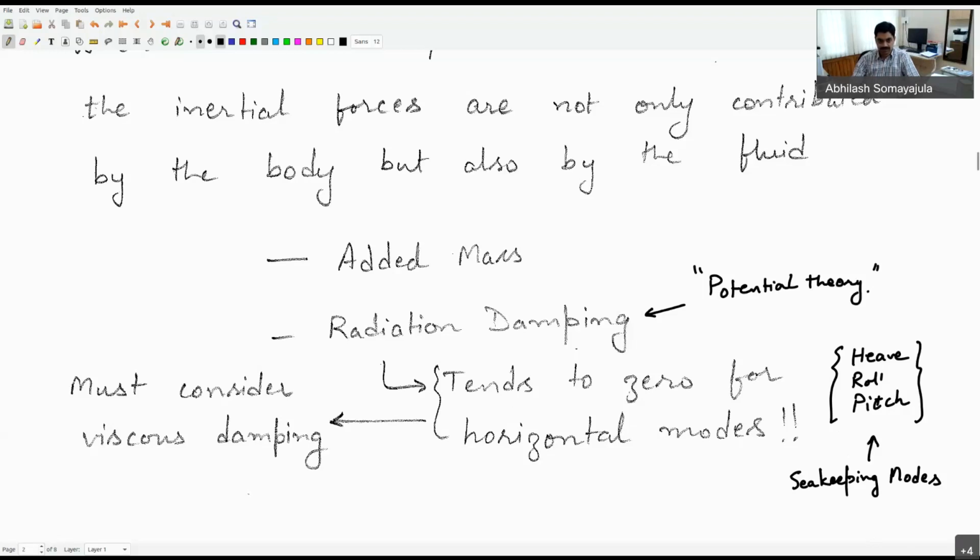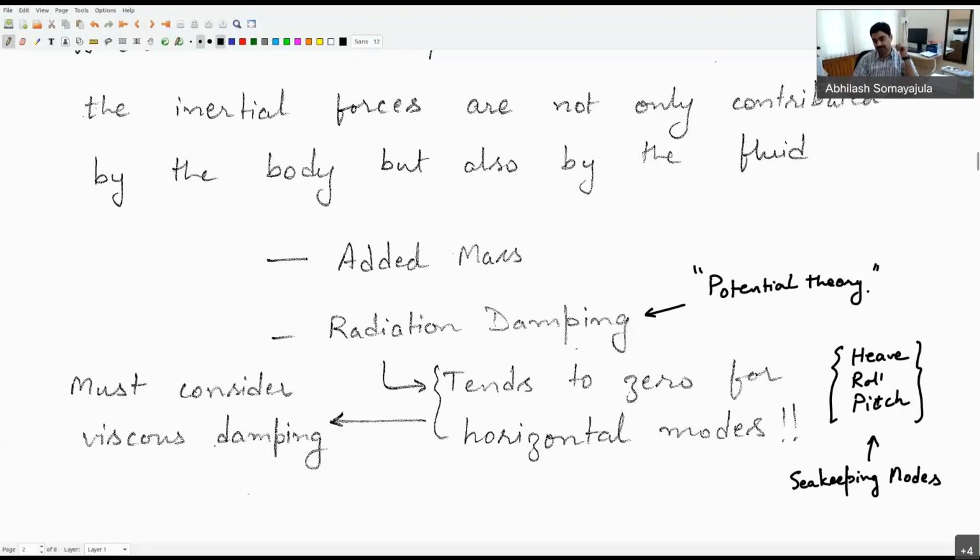Sir, does roll motion really contribute a lot of radiation damping? Correct. So for ship-shaped structures, yes, roll is another case where you may find that the radiation damping is relatively lower at the roll natural frequency. So there too, you might be required to compute the viscous damping effects to be significantly higher.